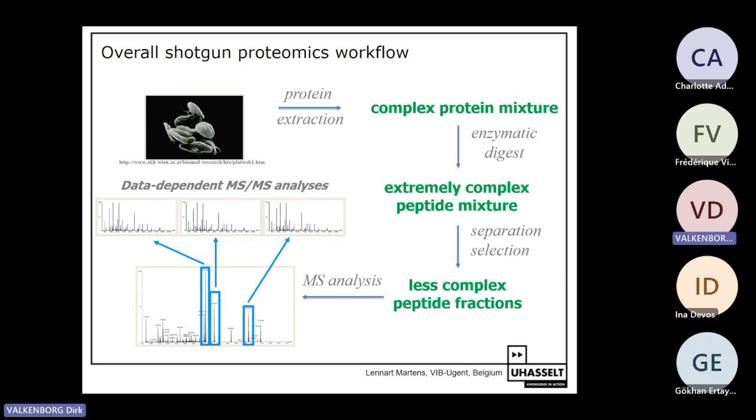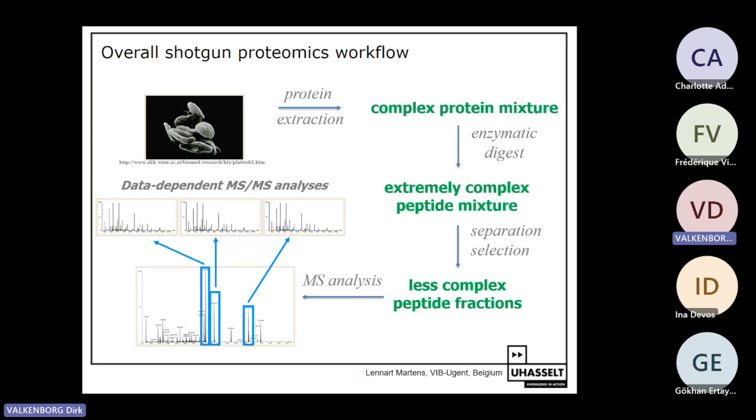Nowadays, a lot of people do not want that because you cannot control what you measure. And that's why there is a new type of analysis, and that's called data-independent acquisition. And that's where we try to measure everything. But the disadvantage here is that we cannot select peptides according to their mass very accurately anymore, but we will select mass regions.